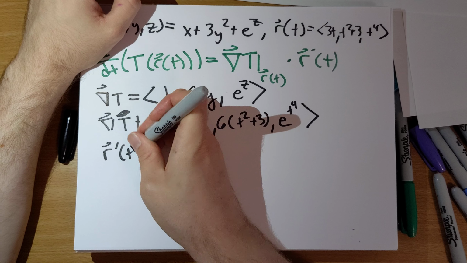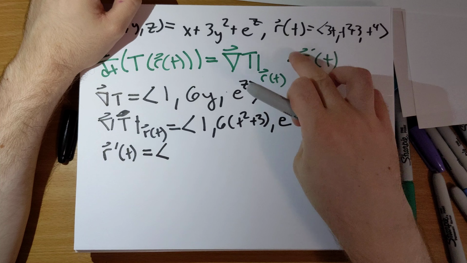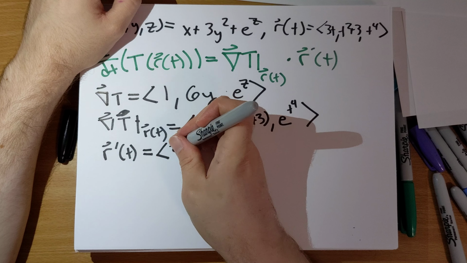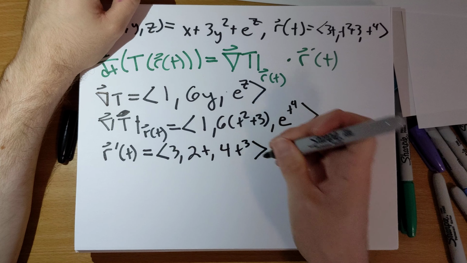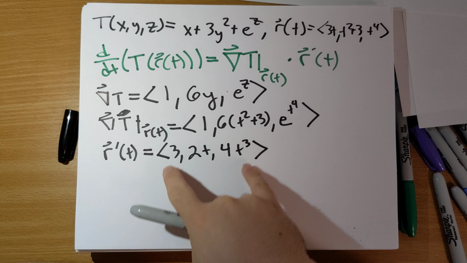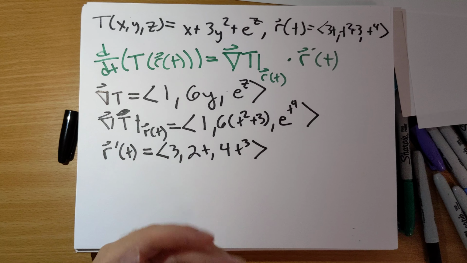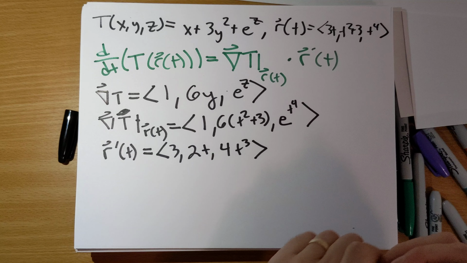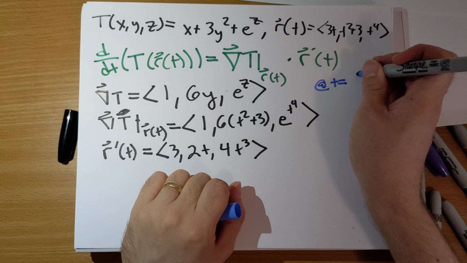We also need r prime of t. R prime of t is going to be 3, 2t, and 4t cubed. Now we could go ahead and calculate this dot product, but first realize that we are being asked for this at t is equal to 1.